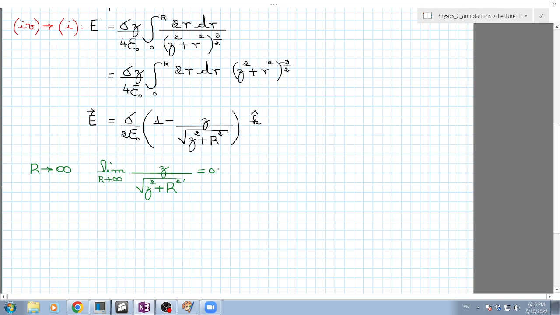This term is going to zero. What does it mean physically? That means that you have very large R, going to infinity.